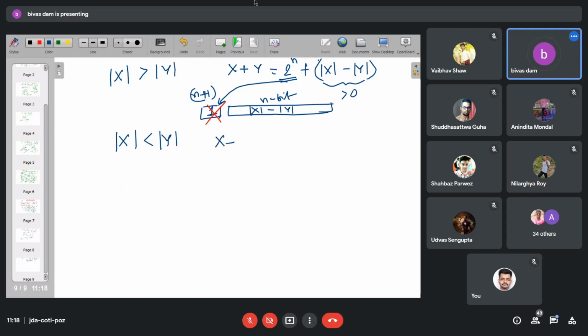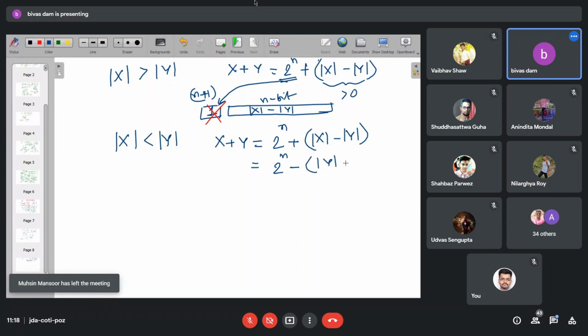So x plus y is equal to 2 to the power n, which can be written as... In case mod x is less than mod y, what is your required result?